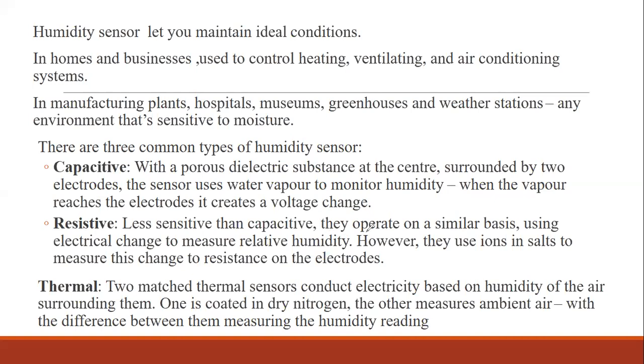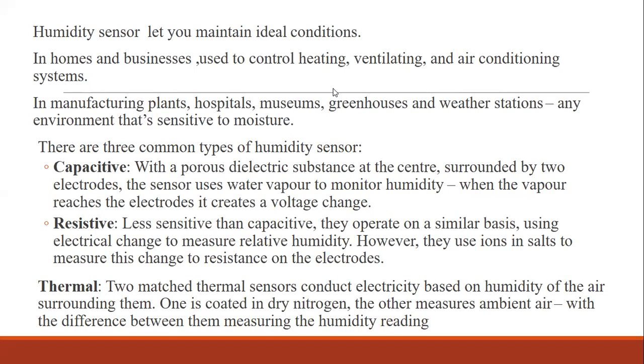They operate on a similar basis as the capacitive. So what does it mean? It means that change in the humidity produces change in the resistance of the sensor, and that change in the resistance produces the change in the voltage. So this is resistive, and the last one is thermal.